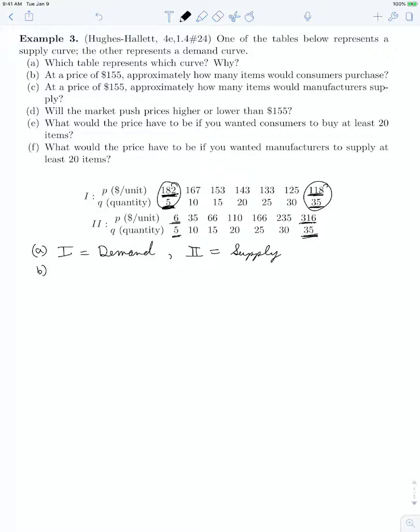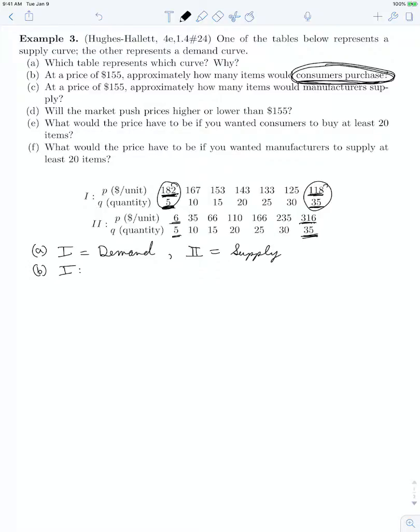Okay, part B. At a price of $155, how many items would consumers purchase? Consumers purchase, that is talking about buying, that's the demand side. So we look at table 1, and it's pretty easy.